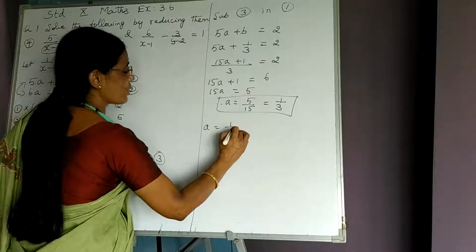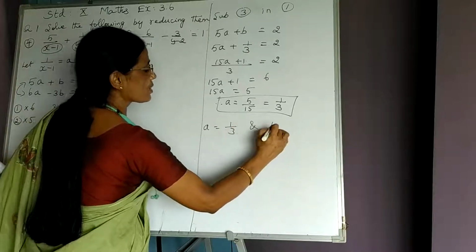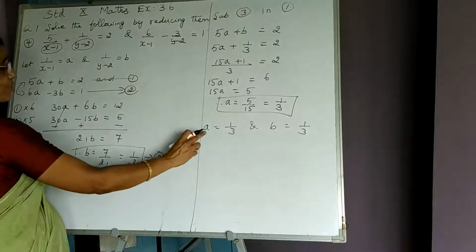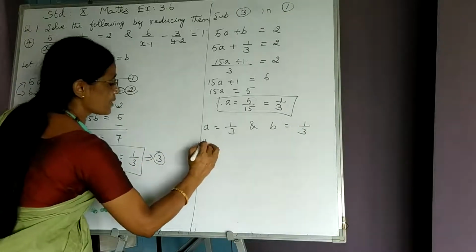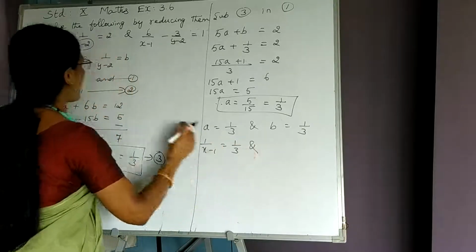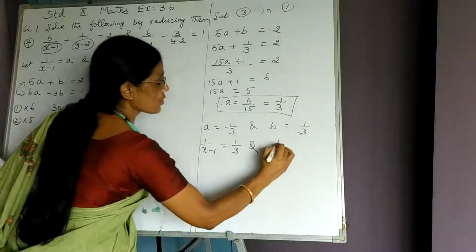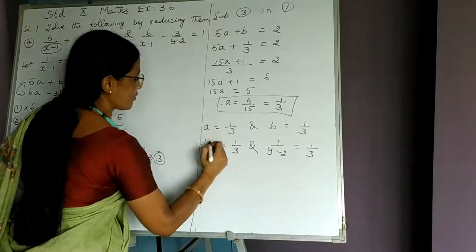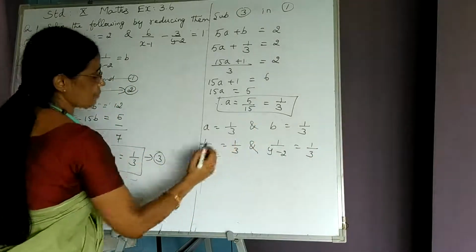So, copying the values, we get a is equal to 1 upon 3 and b is 1 upon 3. What is the substitution we have taken for a? It is 1 upon x minus 1 equal to 1 upon 3, and b we have taken as 1 upon y minus 2. So, we have substituted values of a and b.